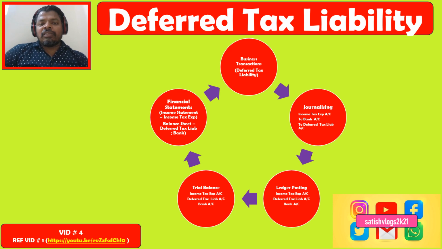So my taxable income would be at the lower end when compared with the profits computed as per book profits. So if my taxable income is at the lower side, normally my tax would be at the lower side when compared with the tax computed as per book profits, right?